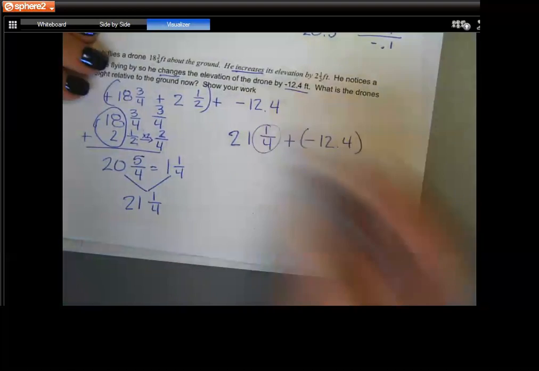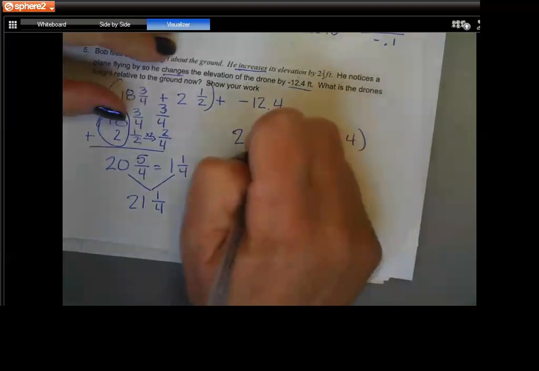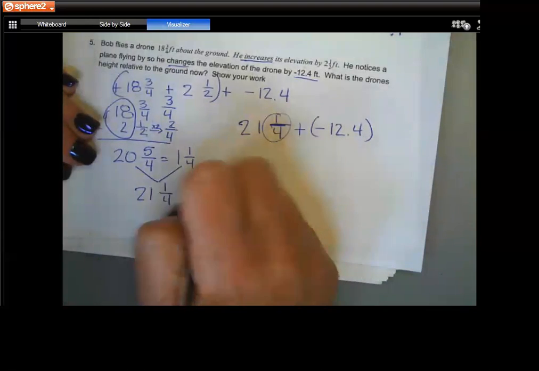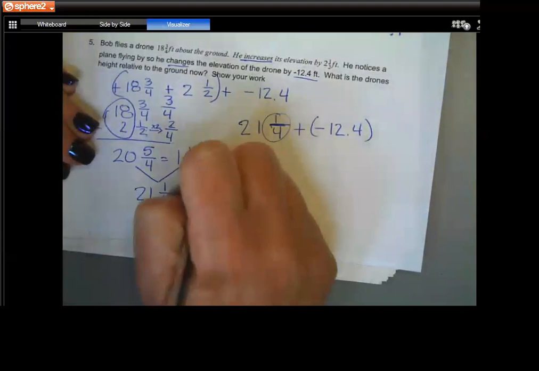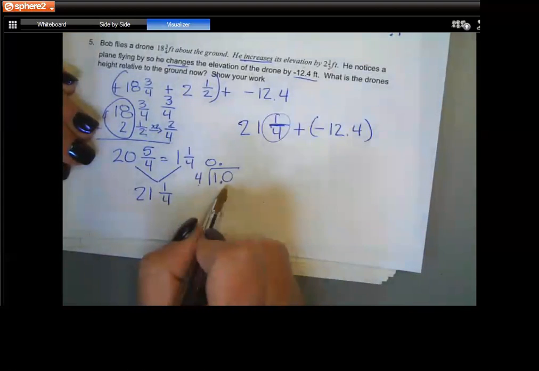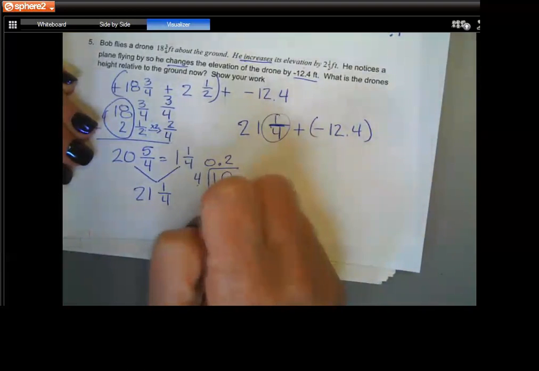So I got to change 1/4 to a decimal. To change fractions to decimals, you can either make them out of like a tenth, or you can divide because this is division. So 1 divided by 4, 4 doesn't go into 1, so I add a decimal point and a 0. 4 goes into 10 2 times, which is 8.